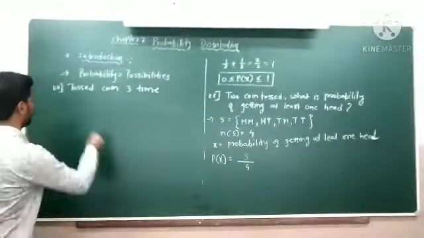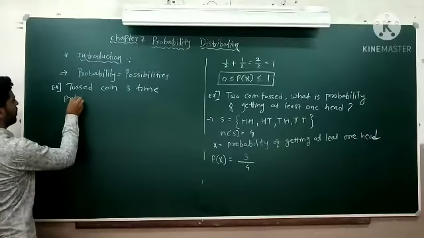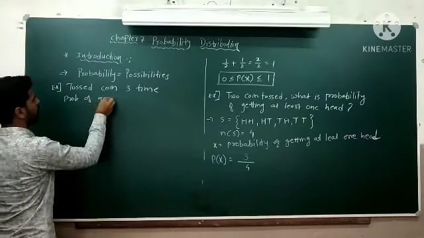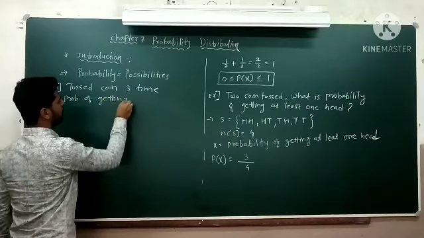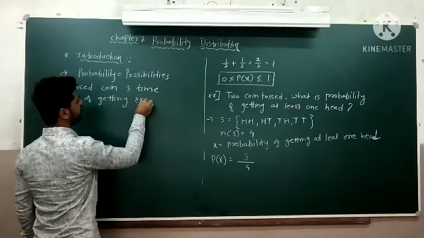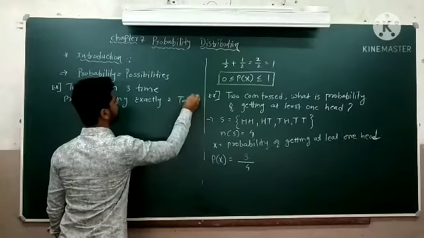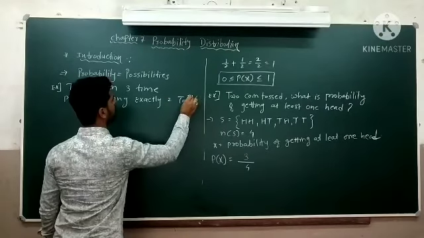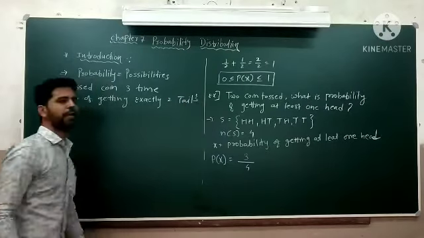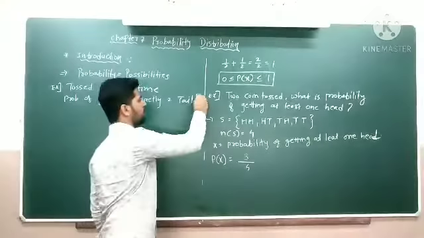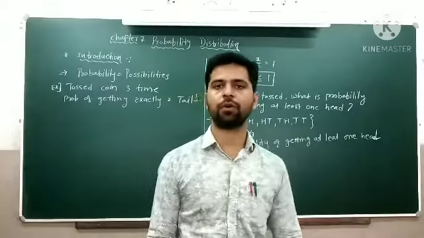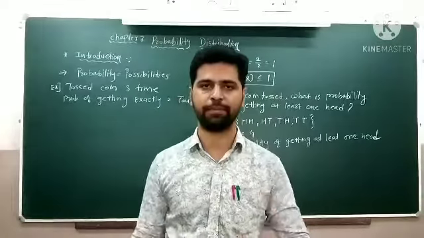Okay, and you have to find the probability of getting exactly two tails. Probability of getting exactly two tails. Okay, if you are tossing a coin three times.